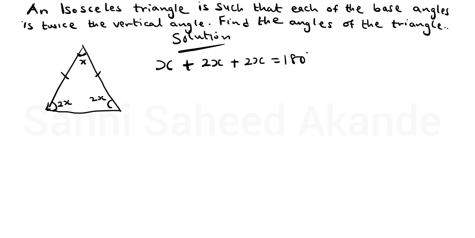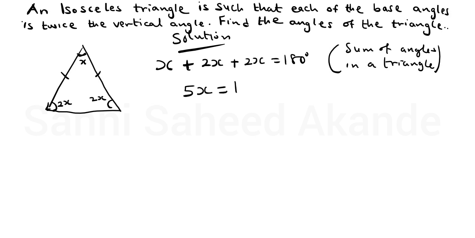The reason is sum of angles in a triangle. Understood? Let's solve further. x plus 2x is 3x. 3x plus 2x will be 5x equal to 180 degrees. When you divide both sides by 5, you get the value of x. x is equal to 36 degrees.